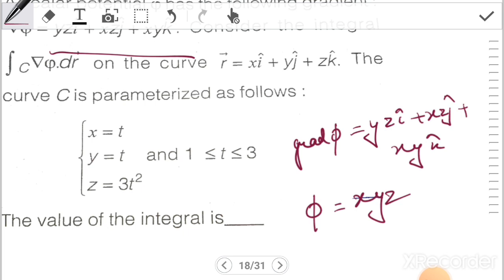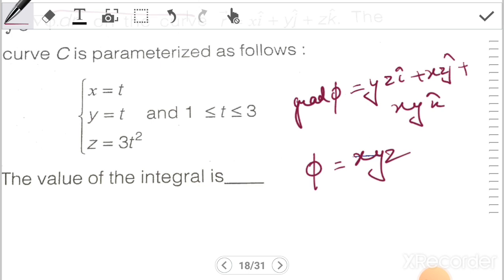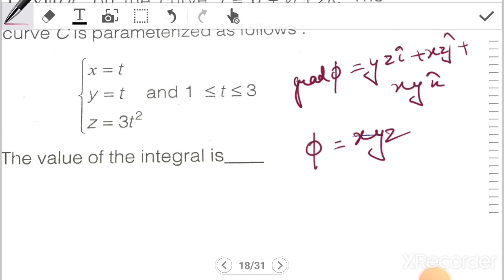So we can apply independence of path here. To find the value of the integral, we can choose x equal to t, y equal to t squared, and z equal to 3t squared.